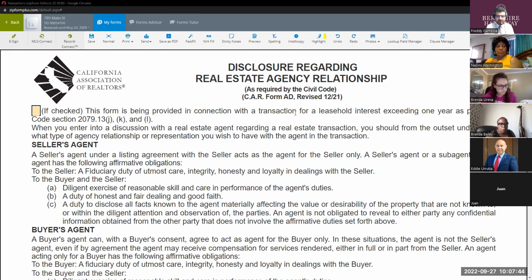We have to start by building this real estate agency relationship with your seller or your buyer. Please keep that in mind. It's always a must, no matter what. We always have to have it when you're getting ready to discuss anything about real estate, hopefully within the offer and within the listing contract.